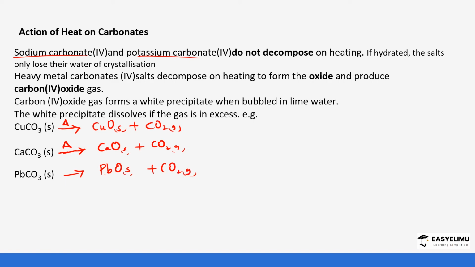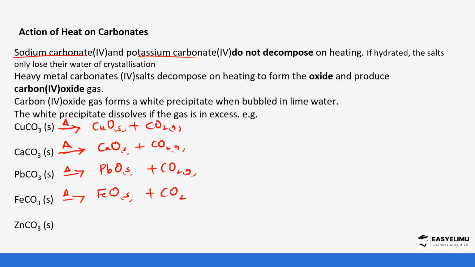Remember, lead oxide is yellow when cold and orange when hot. Then we have iron carbonate. When you heat it, don't forget the heat sign, you form iron 2 oxide plus carbon 4 oxide. Remember, iron 2 oxide is brown in color.